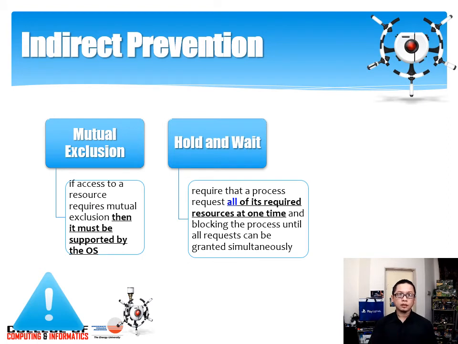Secondly, the occurrence of the hold and wait. Okay, so in this sense, a process must request all its required resources at one time. So let's say process A requires the use of resource A, resource B, and resource C. From the very beginning, all processes must declare how many resources and what resources are needed.